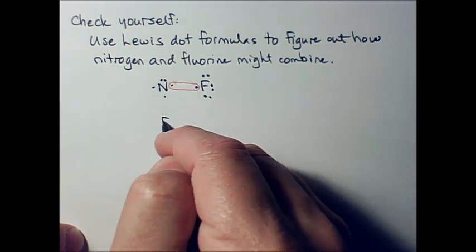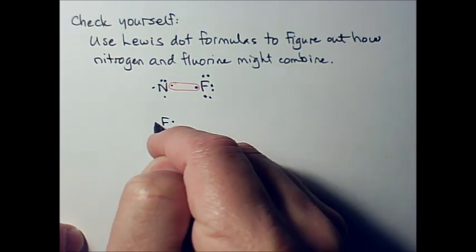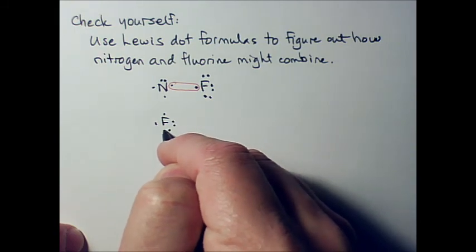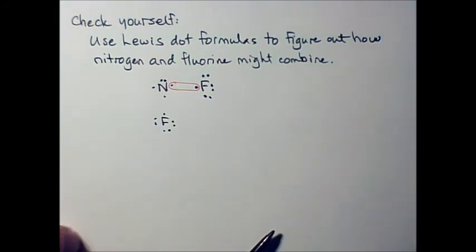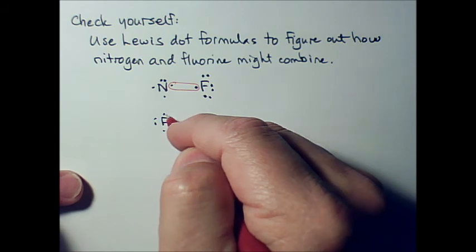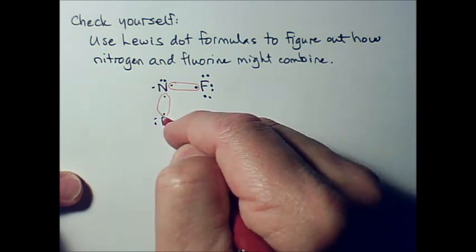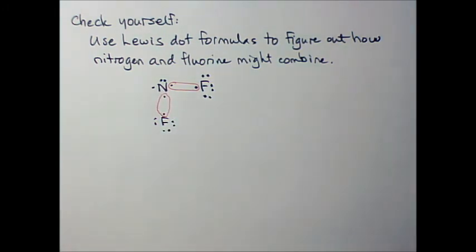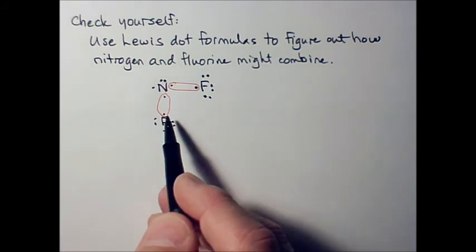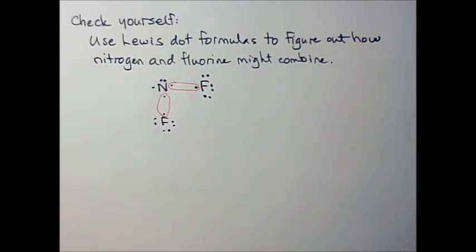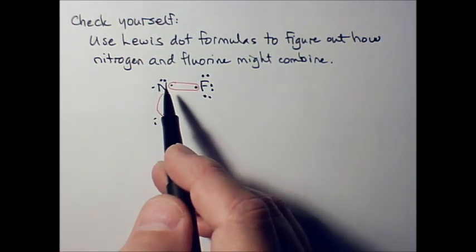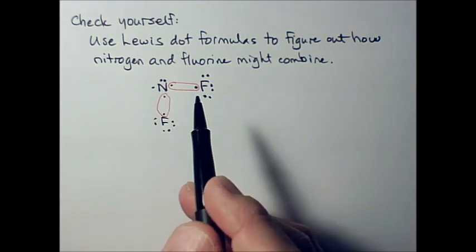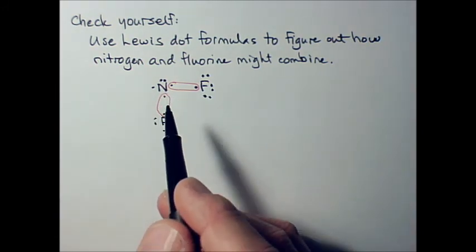It needs 2 more electrons. So we're going to put another fluorine in here, with 7 electrons, and share these 2. Well, that takes care of that fluorine. Fluorine has 7, it's sharing 1, it now has 8. Nitrogen had 6, now it has 7.